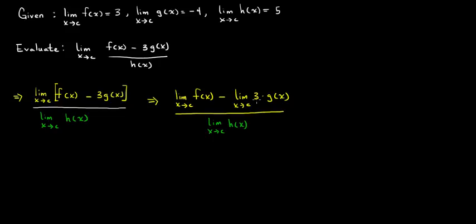Now one thing that I see here is that I have a constant of 3. So this 3 here, I can move it to the front of the limit. By doing that, what I now have is the limit as x approaches c of f of x minus, and that 3 comes out to the front, and what's going to be left is the limit as x approaches c of g of x.